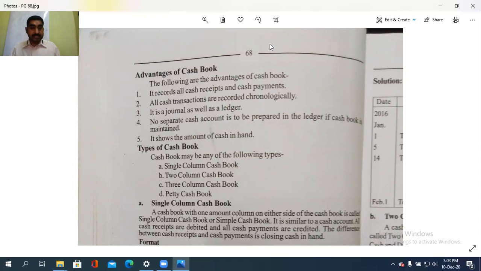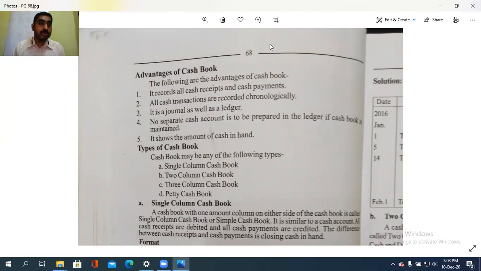Types of cash book are: single column cash book, which has only one column on each side, that is, a debit column and a credit column for cash. Two column cash book, that is, a cash book with cash or bank, or cash or discount columns. And three column cash book, where the cash book has bank, cash and discount columns on both sides. A single column cash book, from the name itself, has a single column on both sides, for the cash received on the debit side and the cash payments on the credit side.